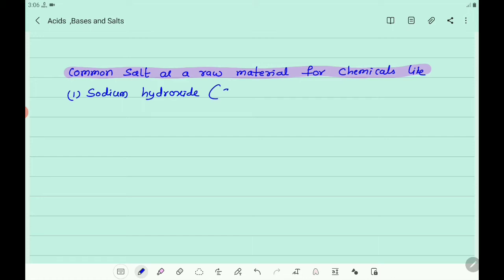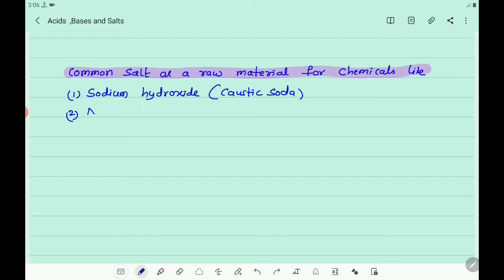Generally it is called caustic soda. Then baking soda, that is sodium hydrogen carbonate, NaHCO3.